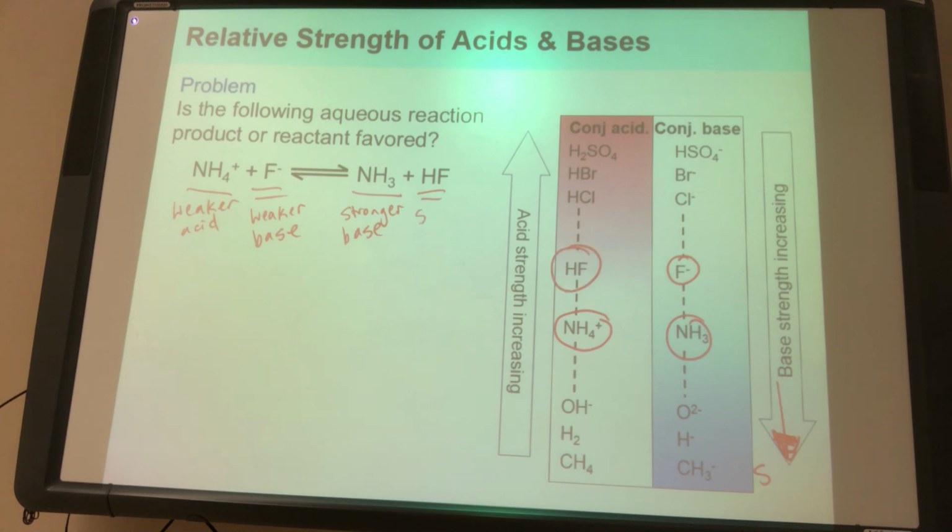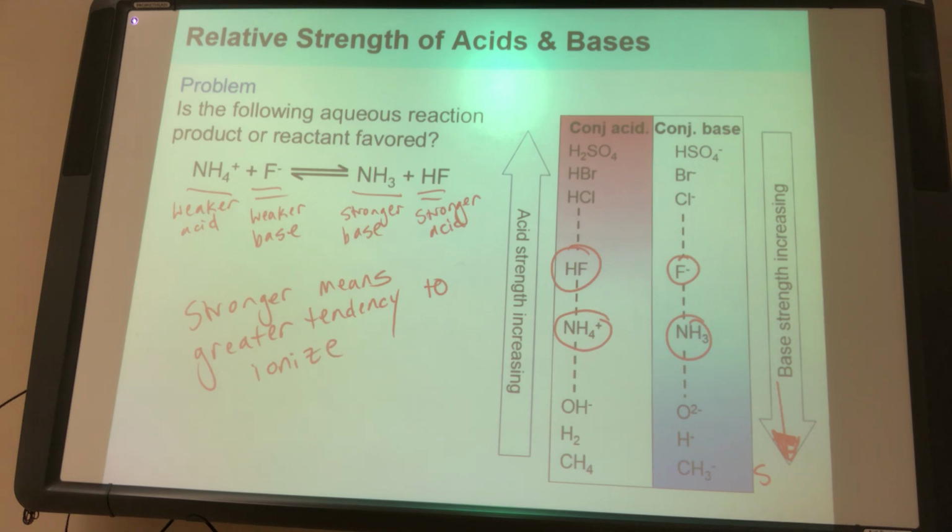HF is a stronger acid than my NH4+. All right, so now I kind of have everybody labeled. Stronger means he's the one that wants to ionize. Stronger means greater tendency to ionize.